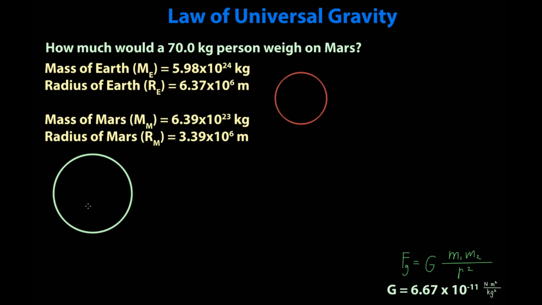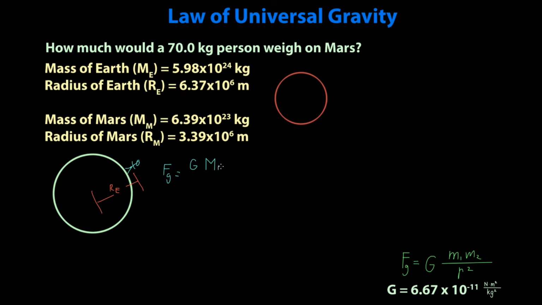So to start out, here is the Earth. Let's say you are standing right here on the Earth, and you want to use this relationship to find the gravitational force on you from the Earth. Well, you have the mass of the Earth right here. We're going to use this as the mass of the person, 70 kilograms, and the distance from center of mass to center of mass is approximately the radius of the Earth. So for this one, since I have my constant here, I'll just leave it as g.